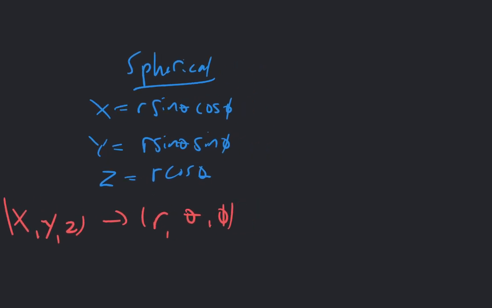So one thing to keep in mind is spherical is 3-dimensional, and it's for spherical objects. R is the radial distance, so how far it is from the center.